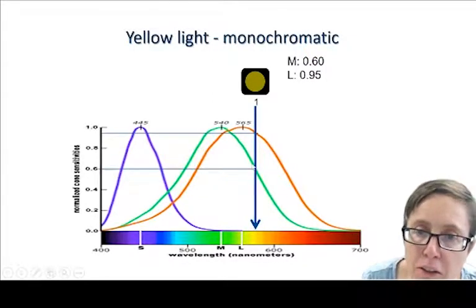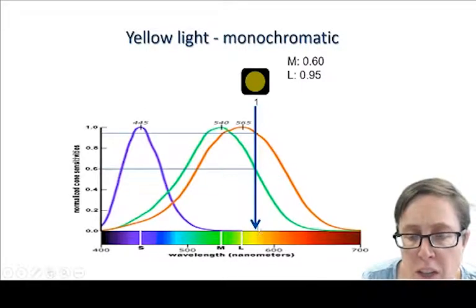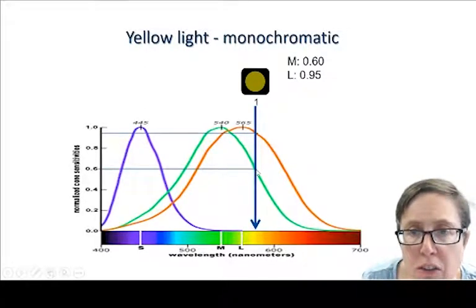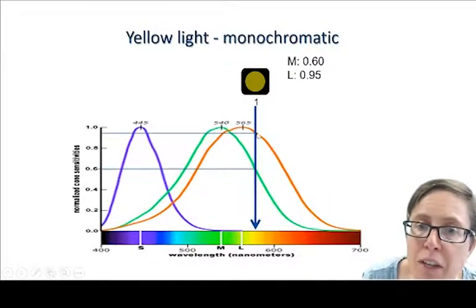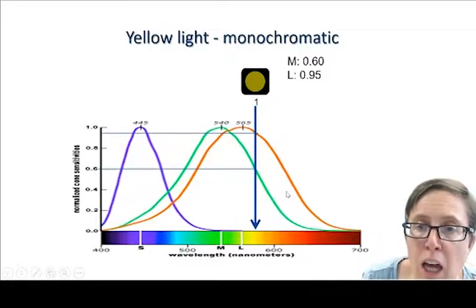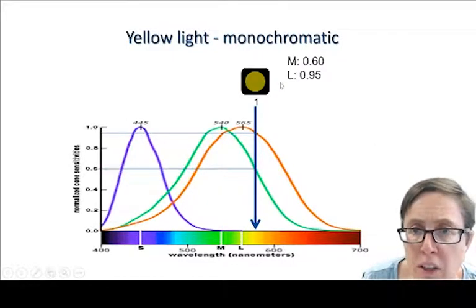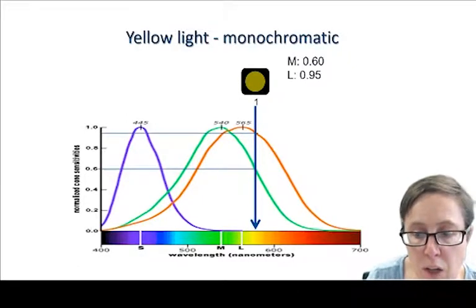And let's say, for the sake of argument, that at that position, light of that wavelength activates the M cone by 0.6 of its maximum and the L cone 0.95 of its maximum. It doesn't activate the S cone at all. So the LMS value for this light is 0.95, 0.6, 0. Okay, and we perceive that as yellow.